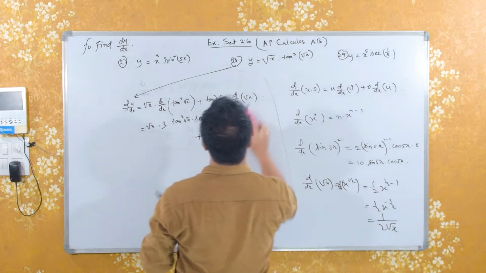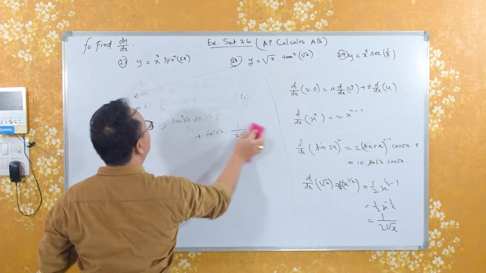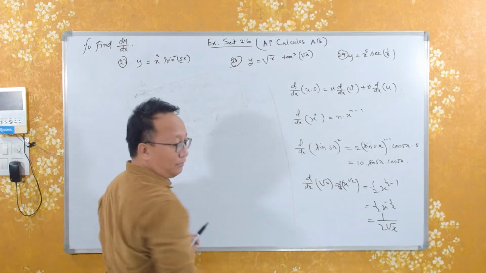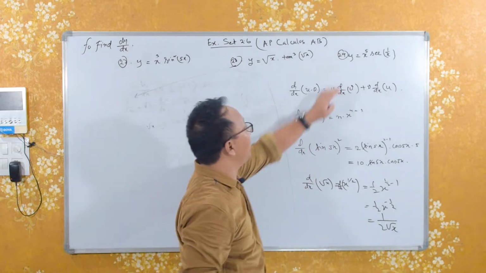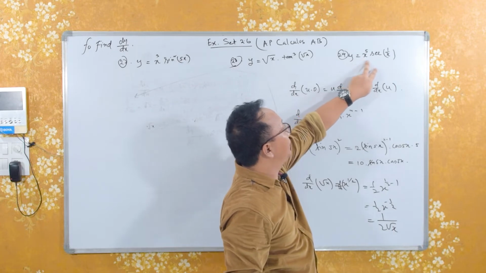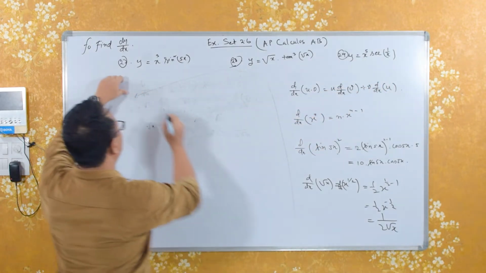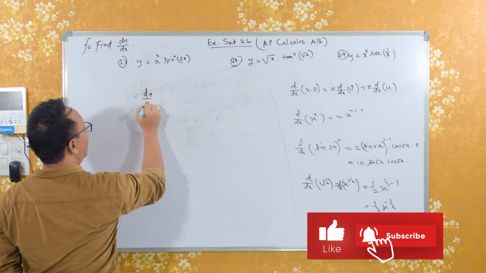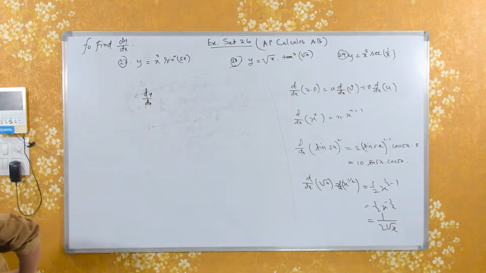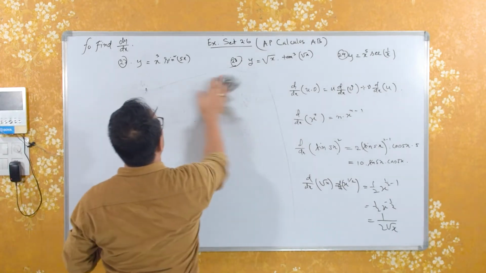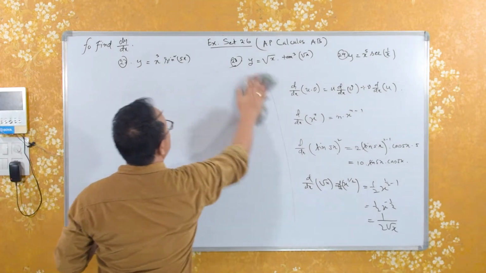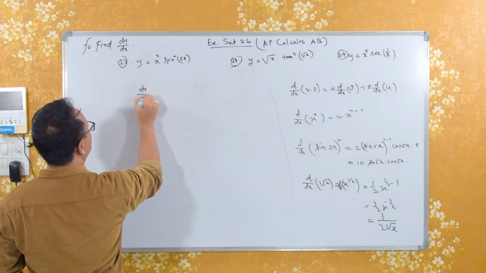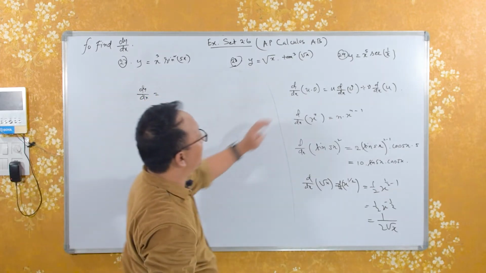Now 29 also same. You have to apply u into v rule, okay. Here we have y equals x raised to 5 into sec of 1 by x, okay. Therefore dy by dx equals u into v.